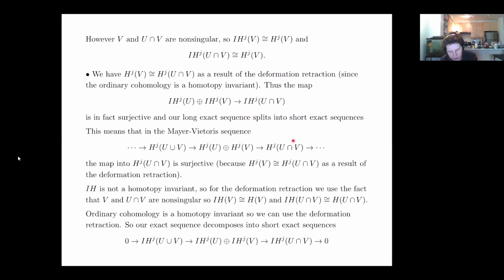So this means the Mayer-Vietoris sequence gives something where the map into the intersection is surjective. That's just because the ordinary cohomology of V is isomorphic to the ordinary cohomology of U intersect V as a result of the deformation retraction.